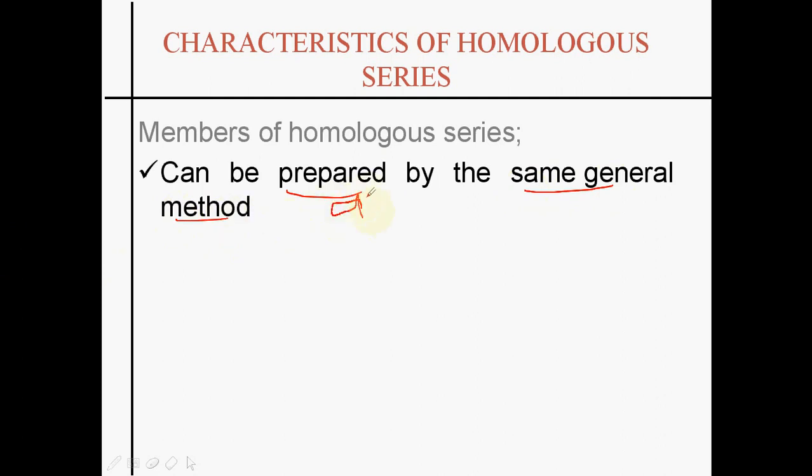If you consider alkanes as the first homologous series, the question is, how can we prepare alkanes? So we can prepare alkanes and alkenes using the general method we call cracking, which is a concept that we're going to discuss as we advance. But we are simply saying each member of a particular homologous series can be prepared using the same general method.